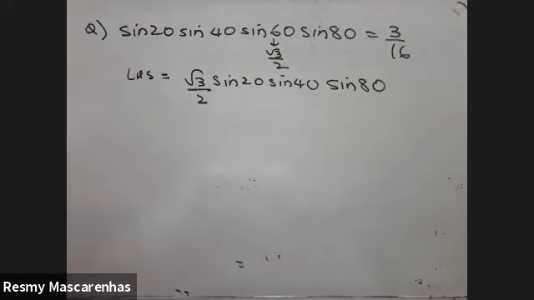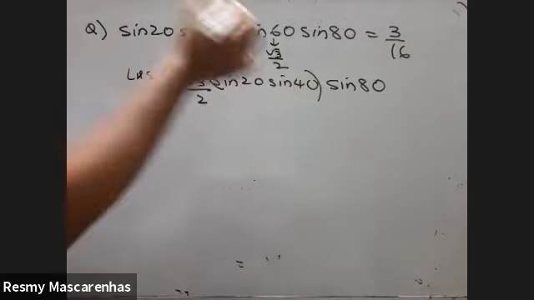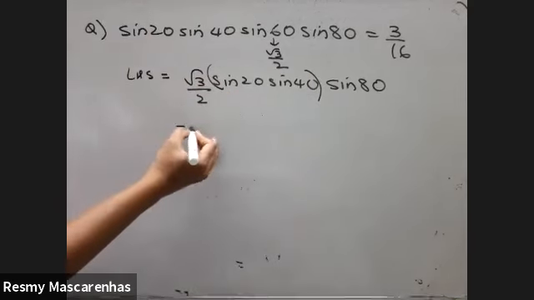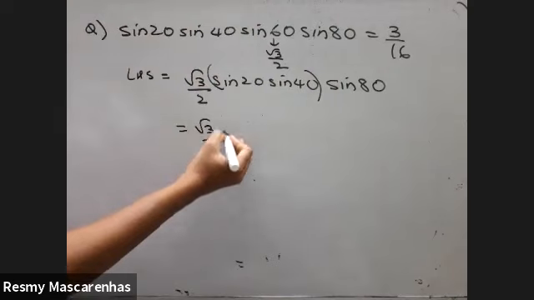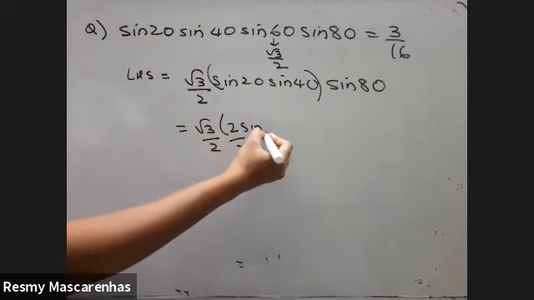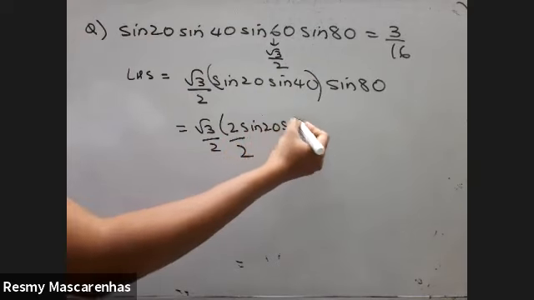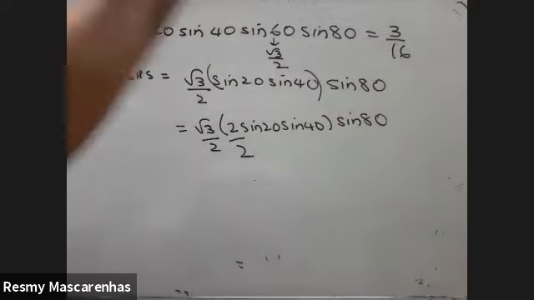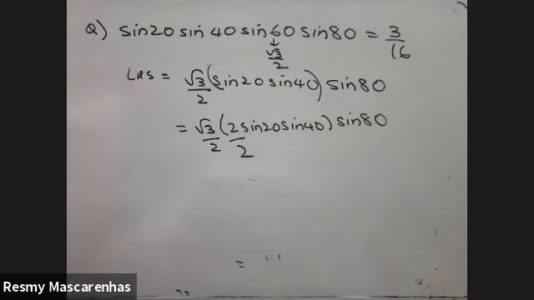Now, I told you to take a bracket for the first two terms. Now you need 2 in the next step. So you have to introduce this 2 and balance it. Why?